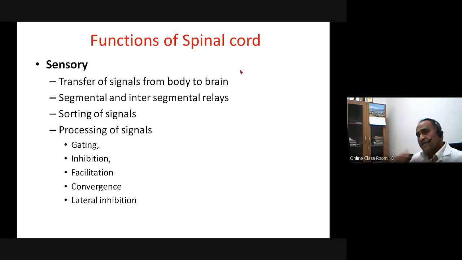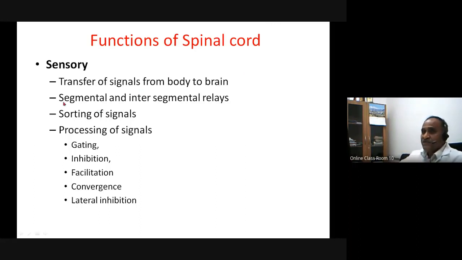So from the skin, the fascia, the bone, all structures, muscle, ligaments, the signals are carried from the dorsal root nerve, and then enter into the dorsal root in different layers or nuclei of the spinal cord, and then are sent to the respective areas. That is one: transfer of signals from body to brain.